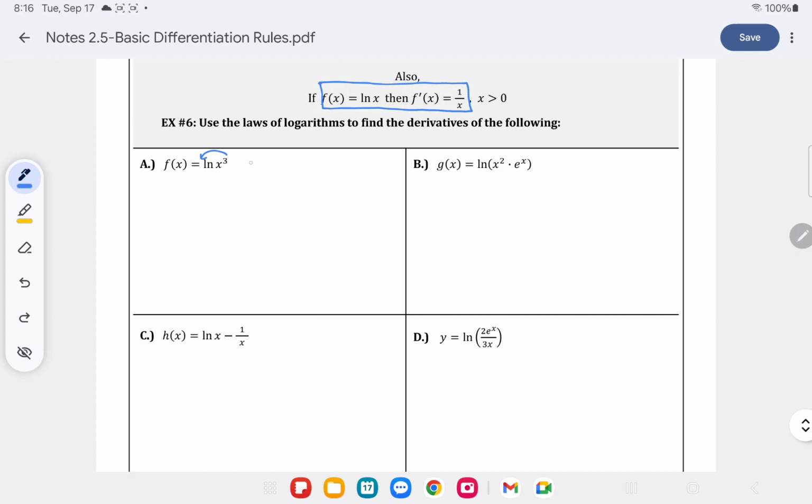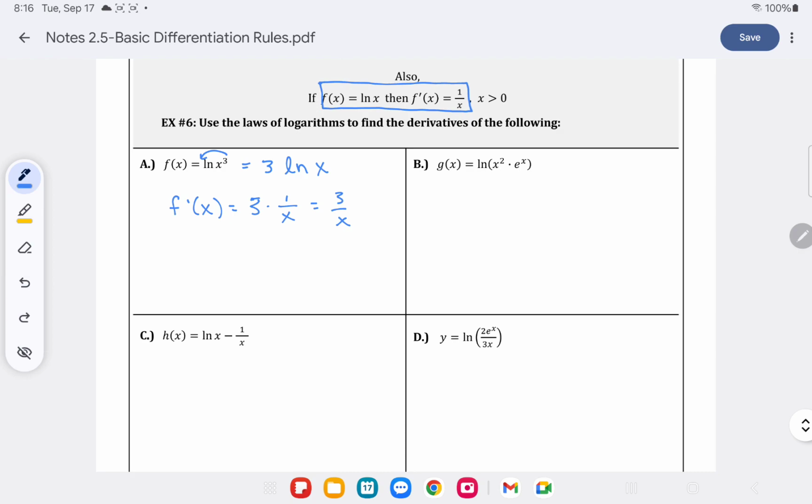So ln of x to the third power is the same thing as 3 ln of x. And we know that the derivative of ln of x is 1 over x. So the derivative function of this would be 3 times 1 over x, or 3 over x.